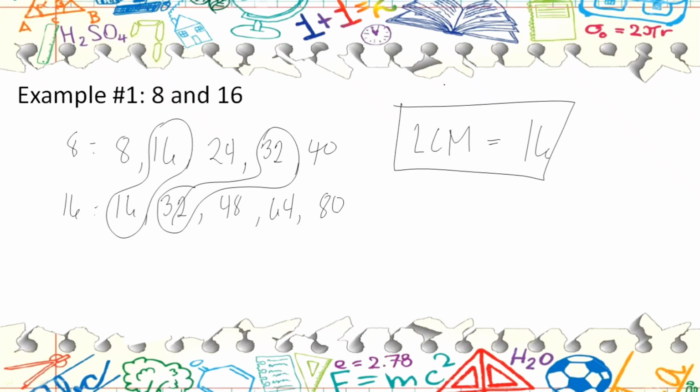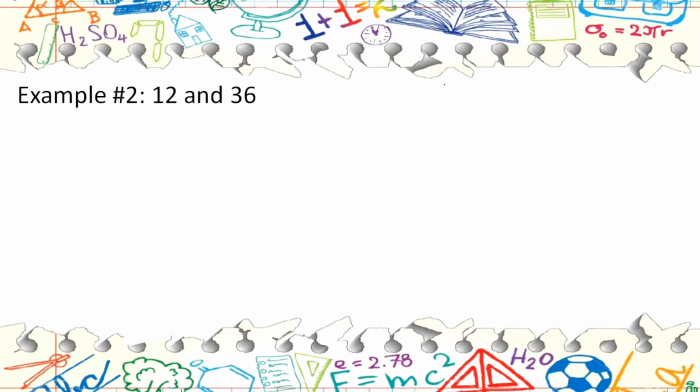Next, let's have example number 2. In example number 2, we have 12 and 36. So, lista ulit natin ang multiples ng 12. So, ang multiples niyan ay 12, 24, 36, 48, and 60. Next, multiples naman tayo ng 36.